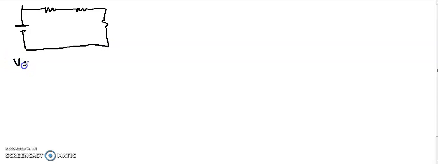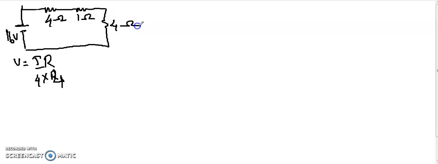Therefore V is equal to I into R. The current was 4 ampere and the resistance was 4 ohm. Therefore we will get it as 16 volt, and here the resistance is 4 ohm, here again 1 ohm, and here again it is 4 ohm.